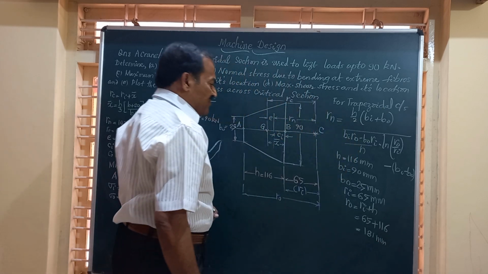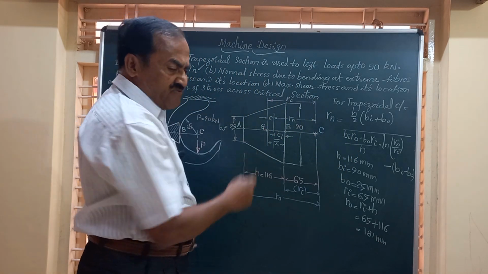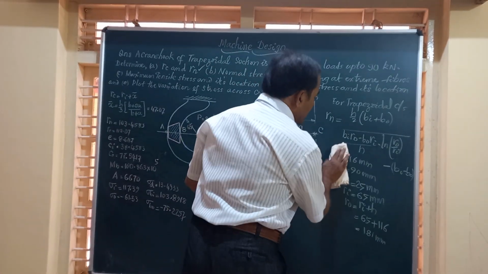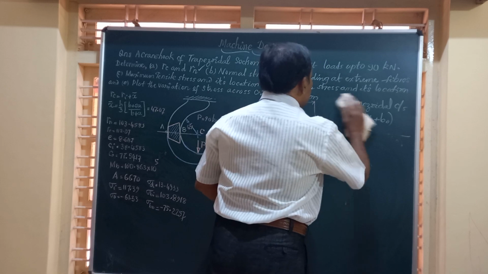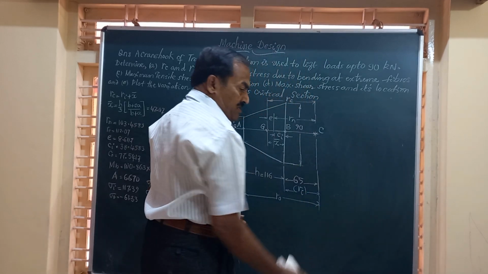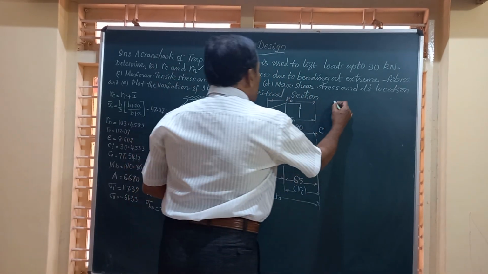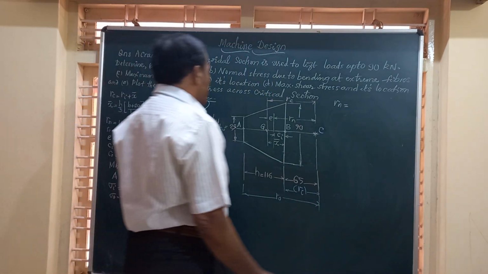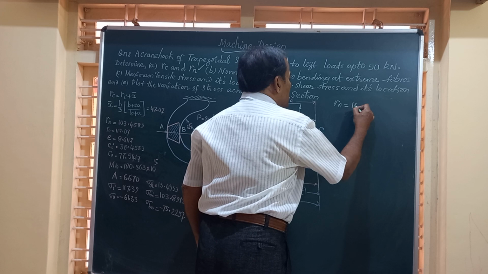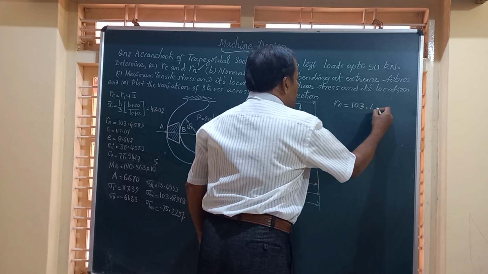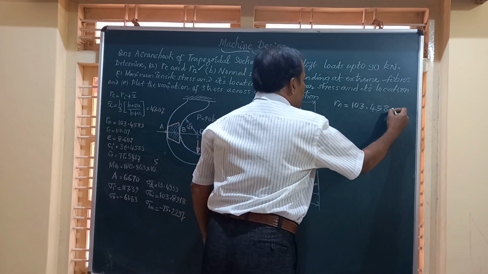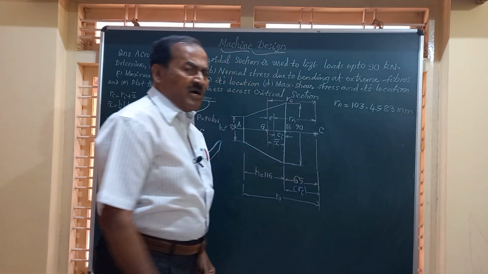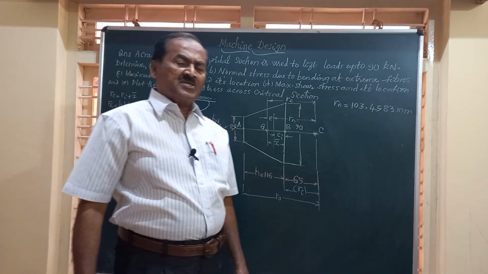Friends, if you make this substitution in the formula, you will get this value of Rn as 103.4583 millimeter. Friend, you have Rn, you have Rc.